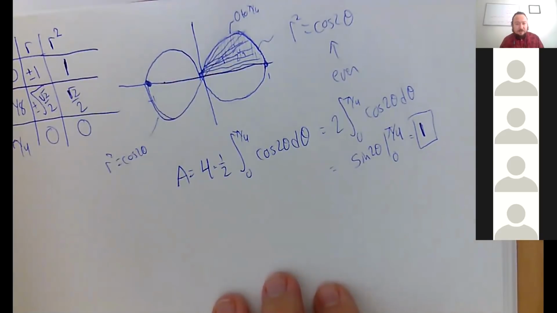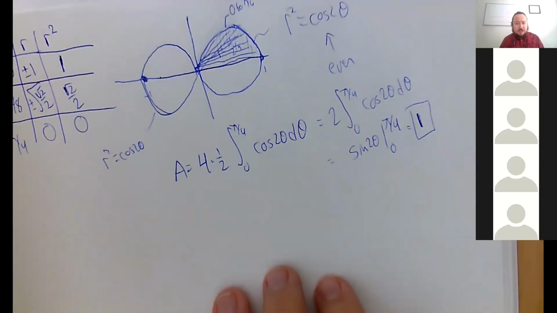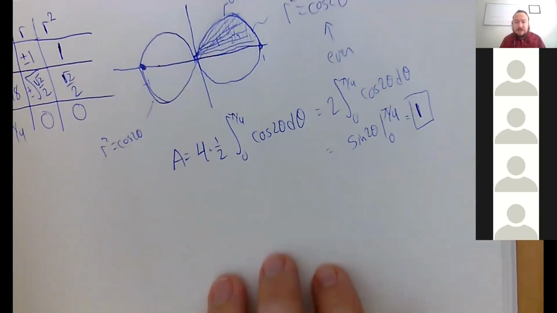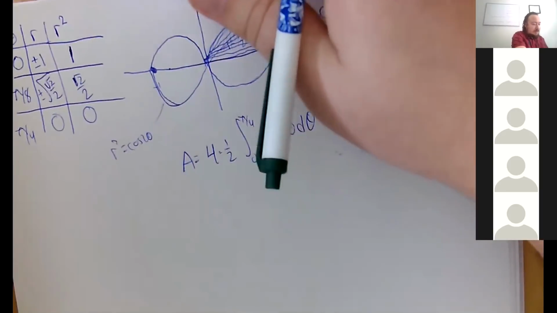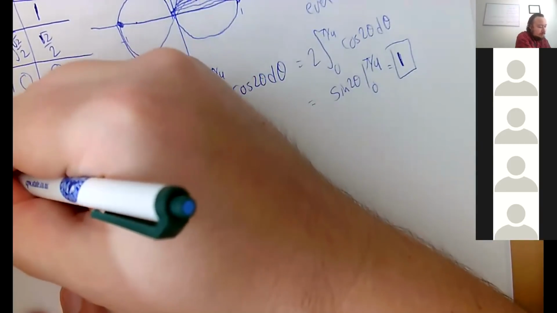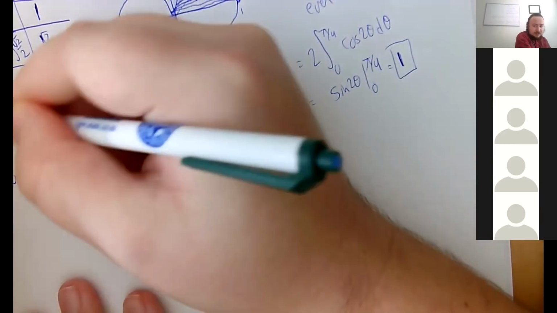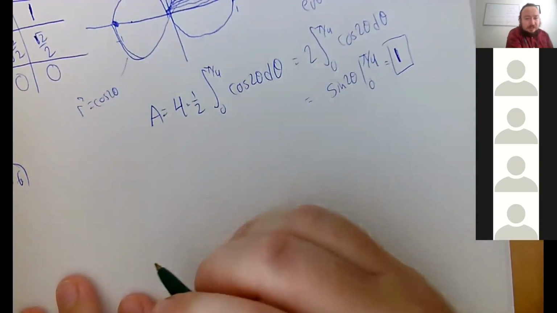Between the two of these, I think I'm going to do number 6, and then maybe we'll come back to number 5 later. Okay, so homework 20, number 6. Let's take a look at that.